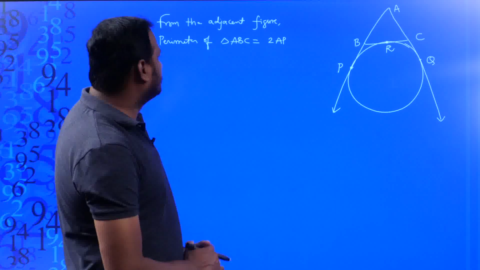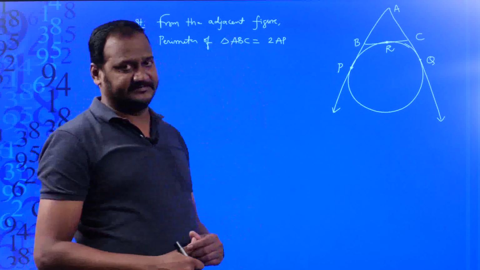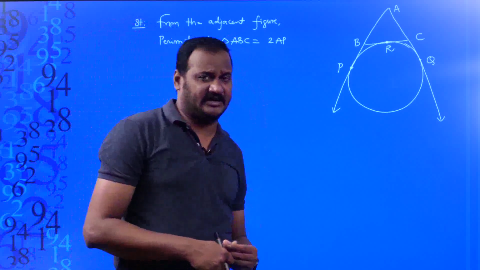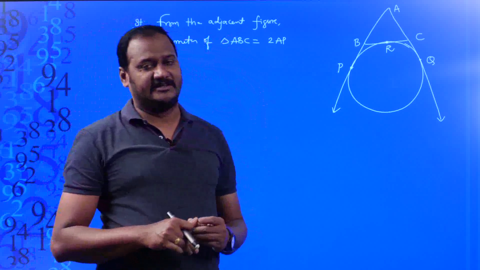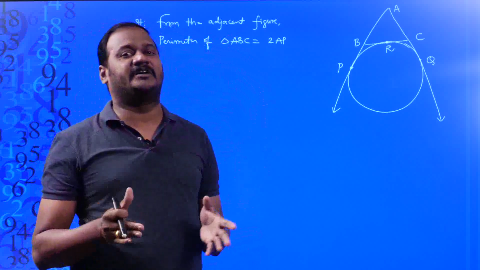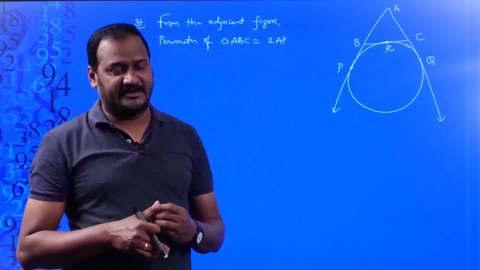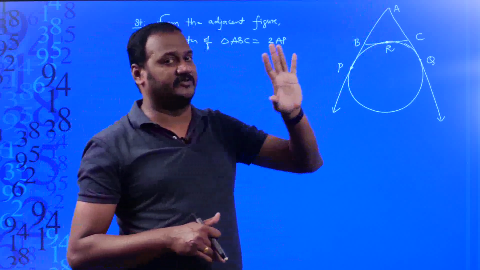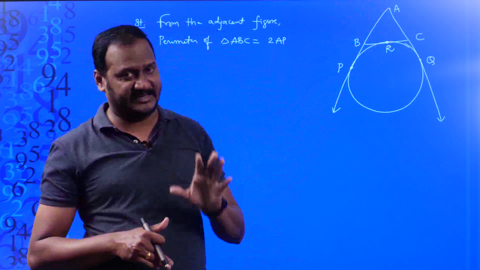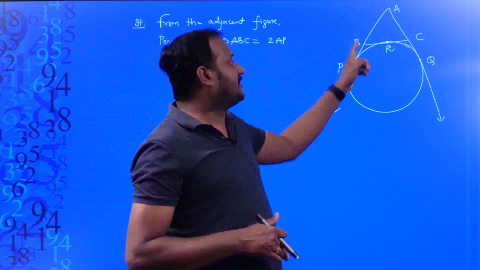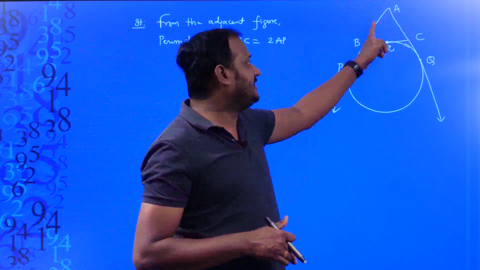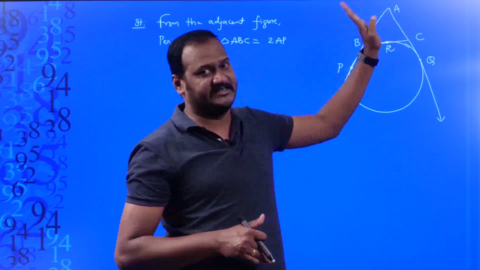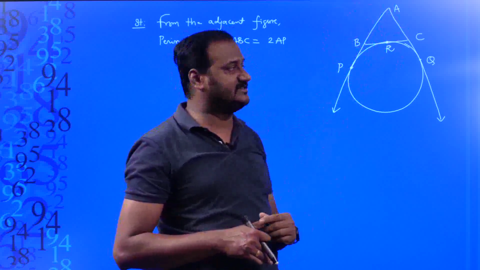So in order to prove this, what do you mean by perimeter of a plane figure? Perimeter means length of the boundary, right? Since ABC is our plane figure, length of the boundary of triangle ABC means AB plus BC plus AC is the perimeter of triangle ABC.